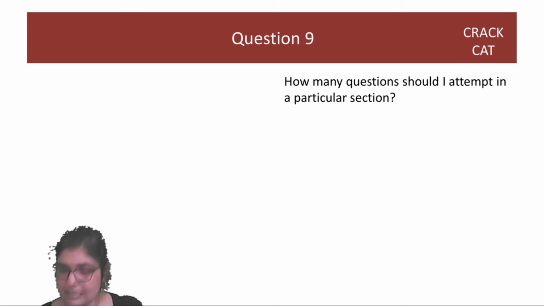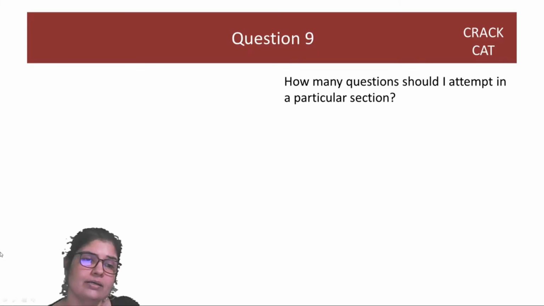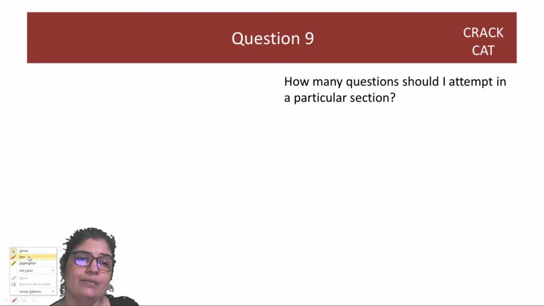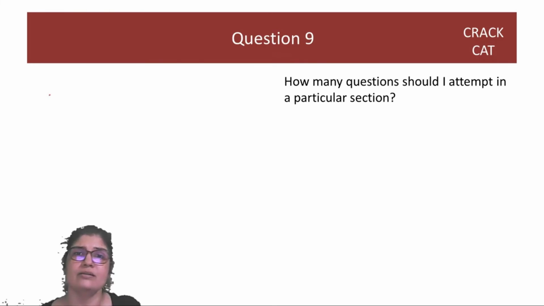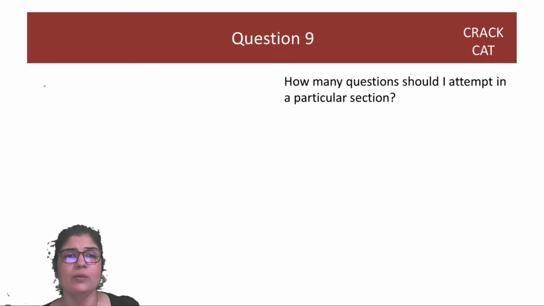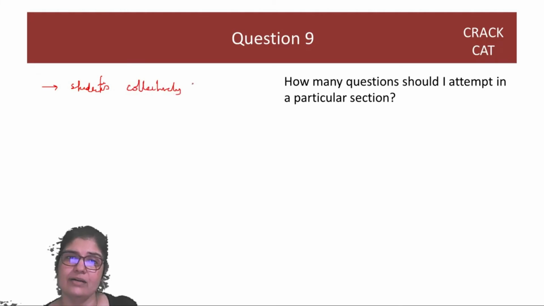See guys, this is a relative exam. Relative exam means what? Means that what is a good score depends on how the other students took it. And nobody knows how students collectively will perform in a section, in a test, till it is done. किसी को पता नहीं है.